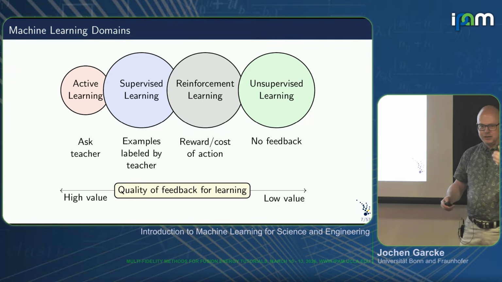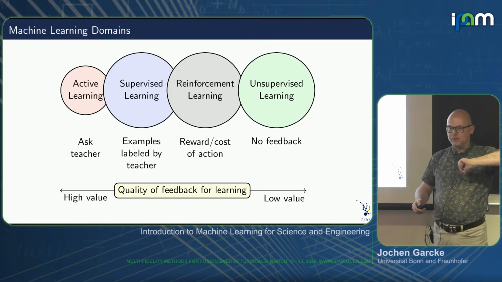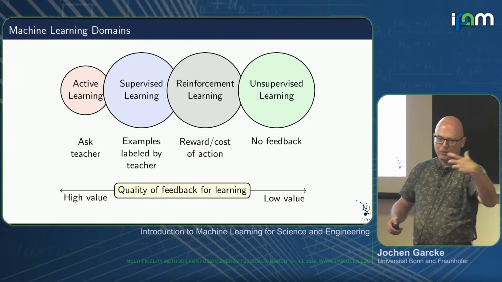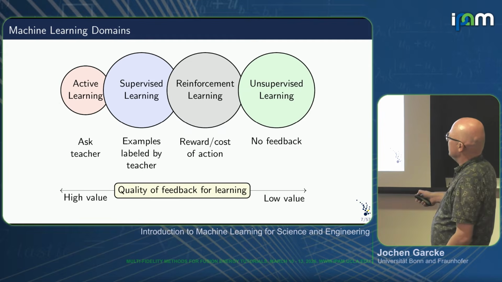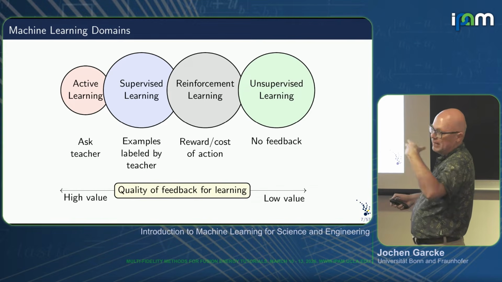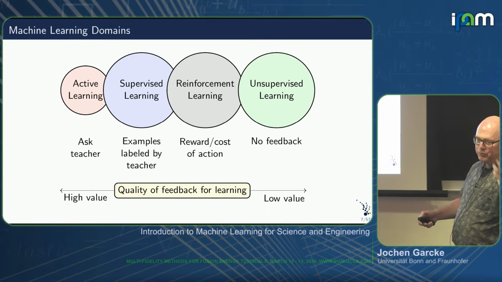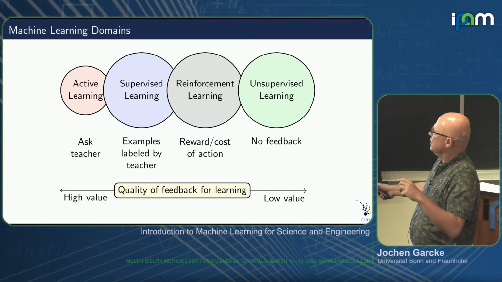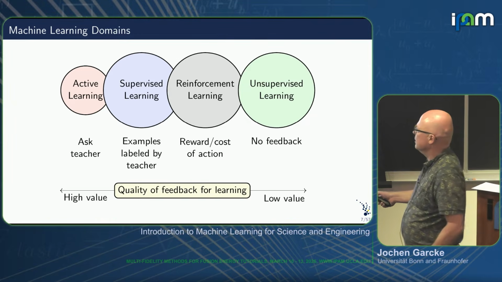If I do an action, I get reward feedback that quantifies in some way how good the action is. In supervised learning, the examples are actually labeled by the teacher. Here I only have a quantitative reward; there I really know this is a better one.